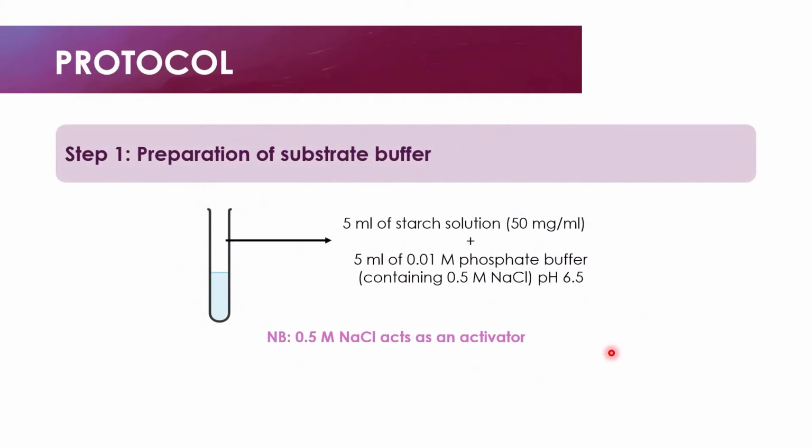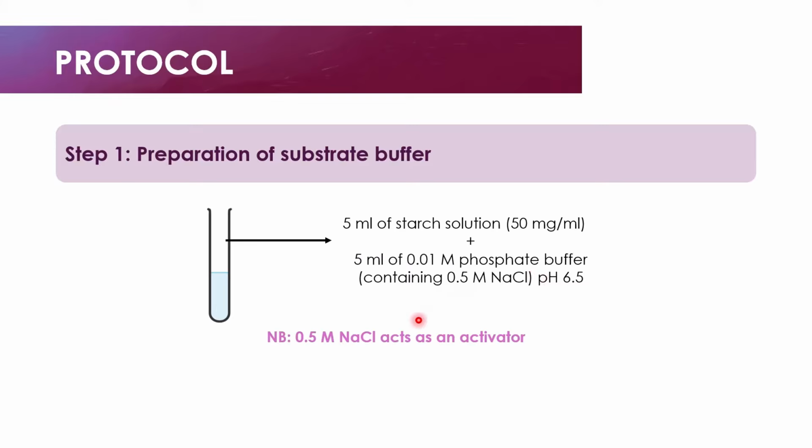In this part, the first thing to do is to prepare a substrate buffer. The first step says preparation of substrate buffer by adding 5 ml of our starch solution to 5 ml of 0.01 molar phosphate buffer containing 0.5 molar sodium chloride at pH 6.5.